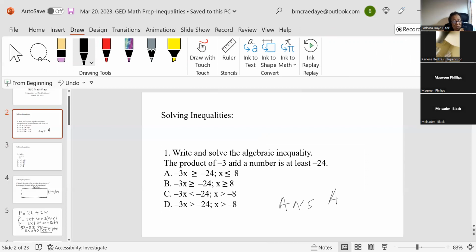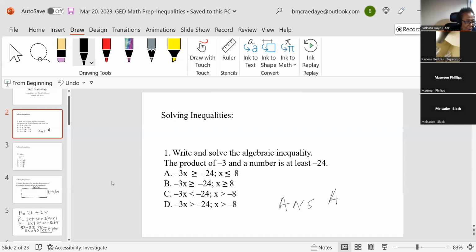But since you're dividing by a negative, you have to reverse the inequality to less than or equal. Answer A. Questions?